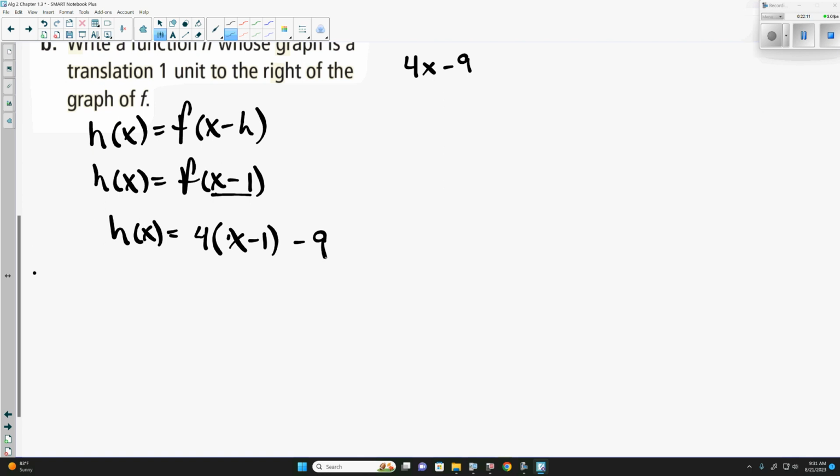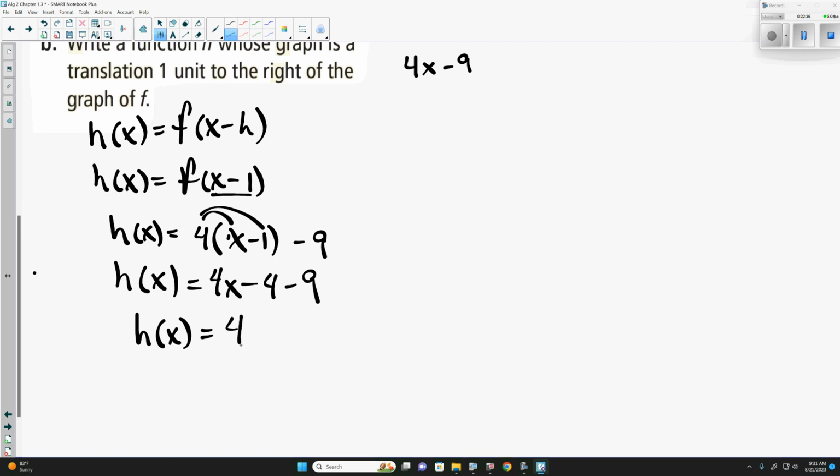Which means that 4, that scale factor of 4 is affecting both the x and negative 1. We got to multiply it through. Because 4 times x is 4x. 4 times negative 1 is negative 4 minus 9, and that's it.